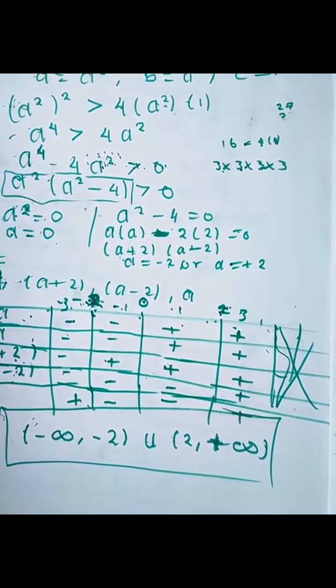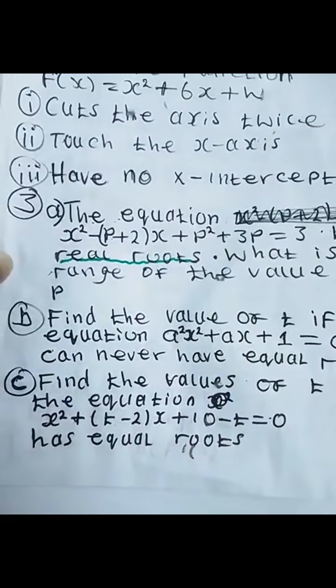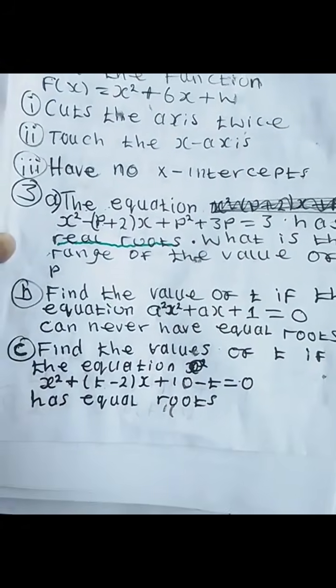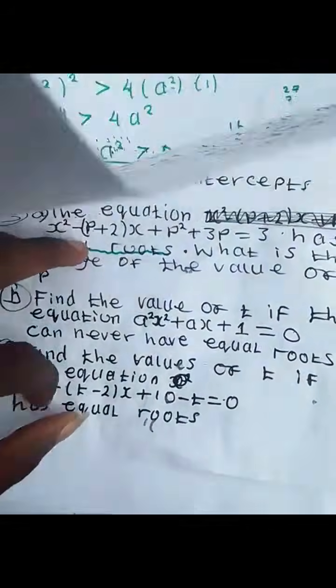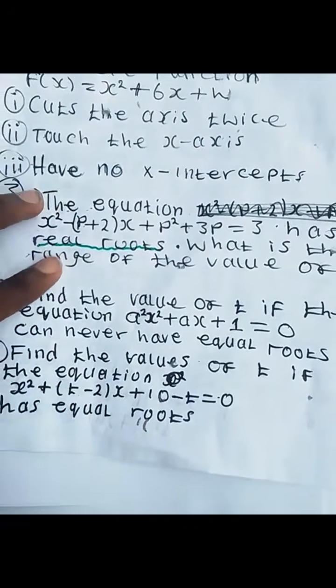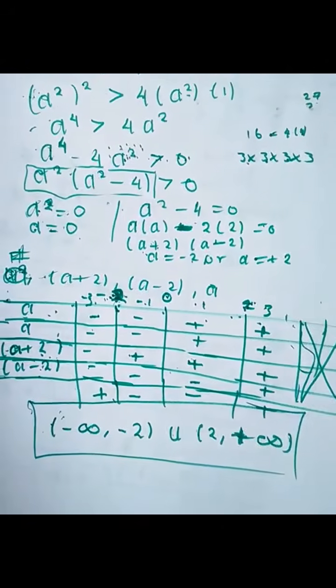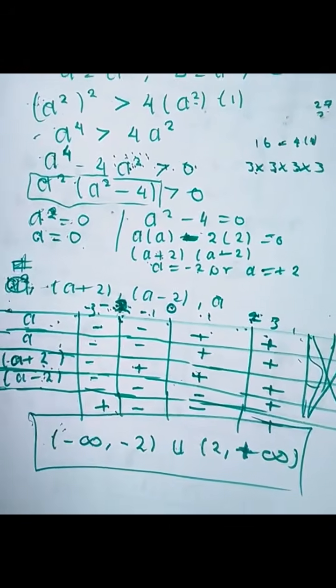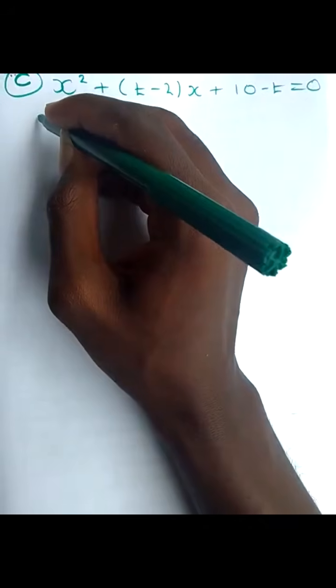So we proceed. So see, they are saying find the values of t if the equation, this equation, has equal roots. So this time they have told you that if the equation has equal roots, find the value of t of this equation.